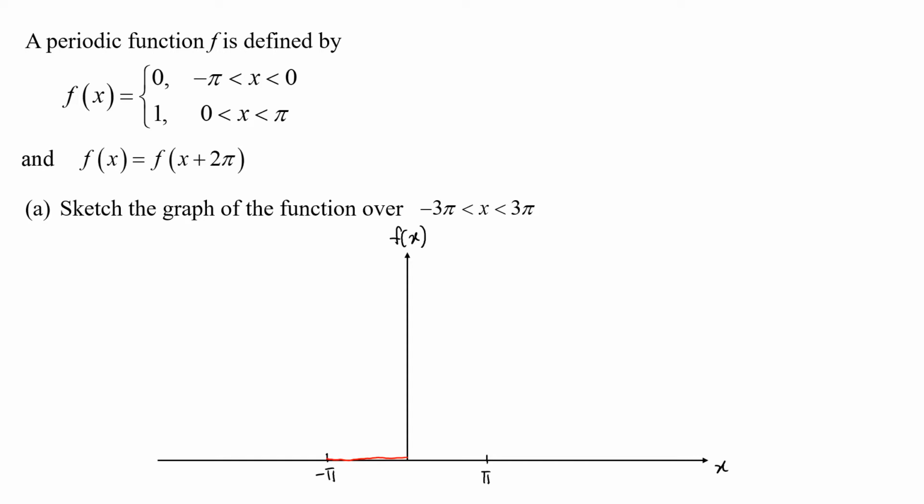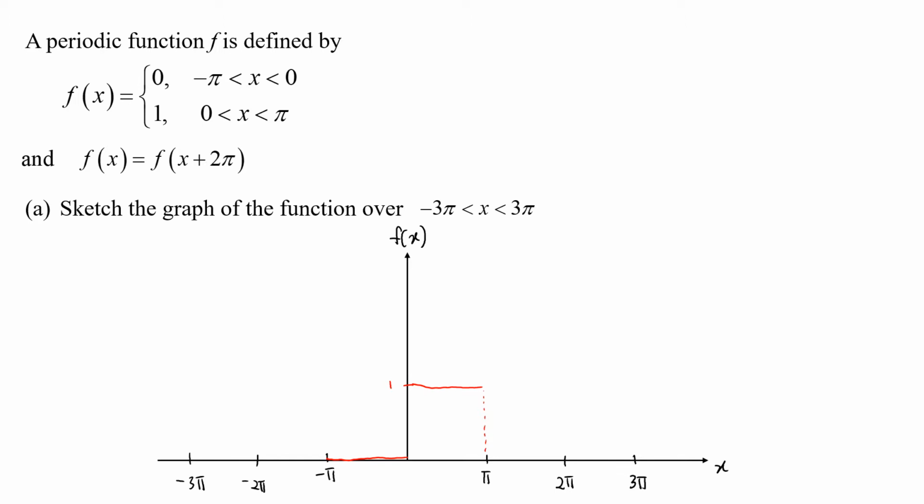And then from 0 up to pi, the function is equal to 1. So let's say 1 is somewhere here. So up until pi, the function is like this. Then we can repeat the pattern from negative 3 pi to 3 pi. So meaning that we have to draw up until 3 pi, and this one is from negative 3 pi.